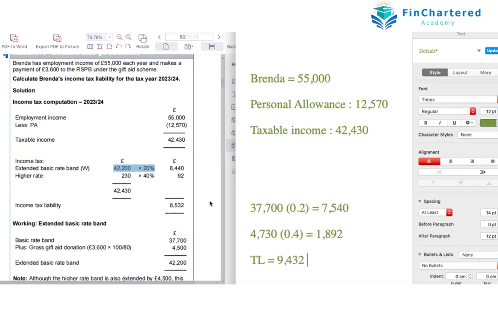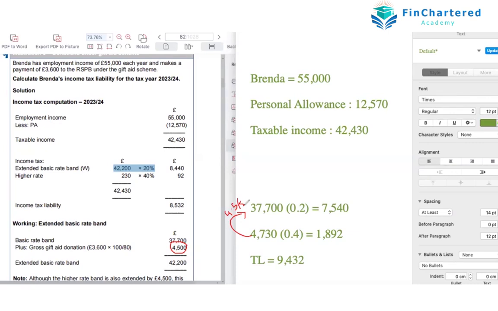But now, as I mentioned, I already told you what is happening. Look at my screen. A part of this 4,730 is moving to the tax rate of 20%. And how much is moving to the category of 20%? We've done the calculation. 4,500 from that 4,730 is now moving to be taxed at 20%.